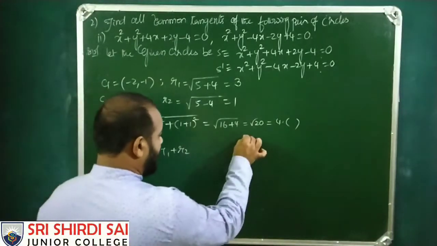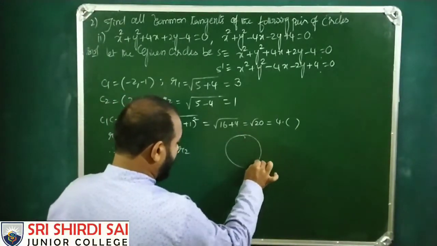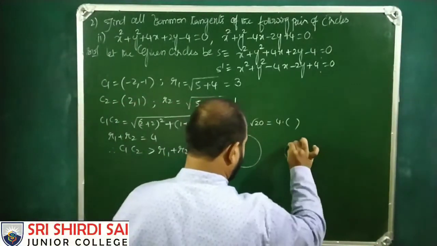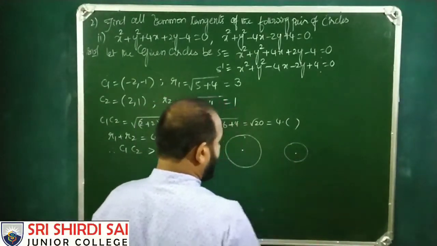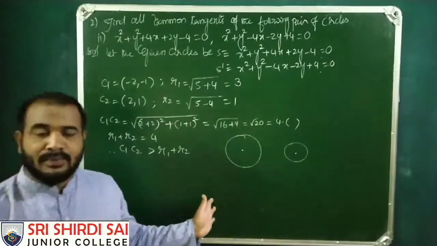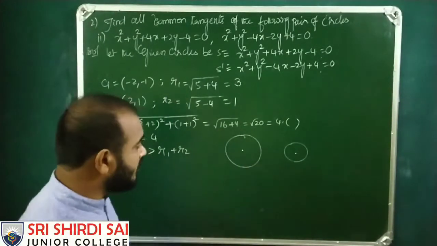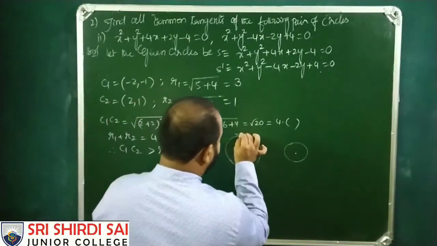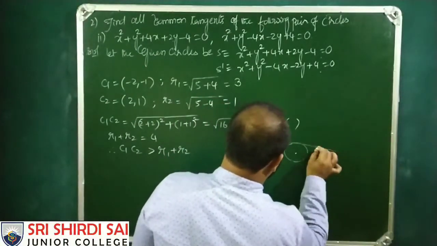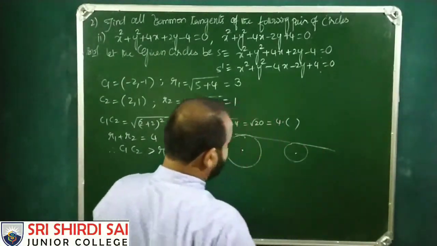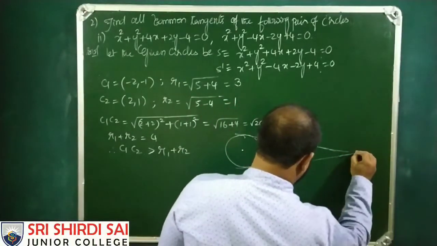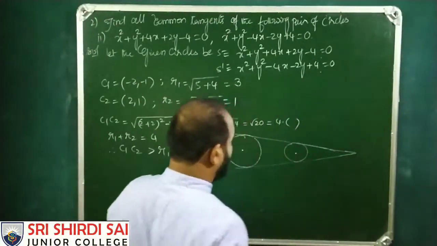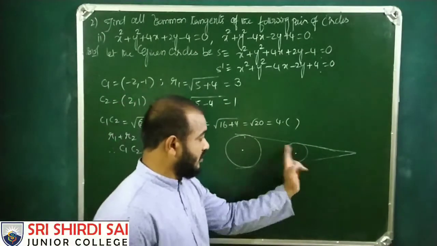Therefore the relative position of the two circles will be like this. This is the relative position. That means one circle lies completely outside the other circle. Therefore the total common tangents would be, so this is one common tangent and this is another common tangent. Let us suppose that these two are meeting at this point. What are these two?